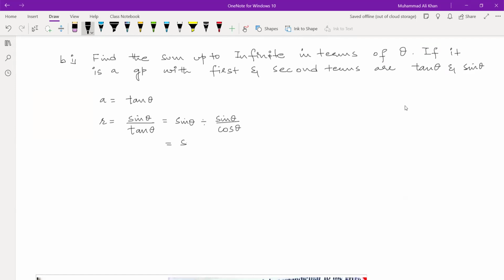Now sine theta multiplied by cos theta divided by sine theta, the sine theta cancels out. The common ratio is cos theta. Therefore, the sum up to infinity is a over 1 minus r. This is the sum up to infinity in terms of theta.